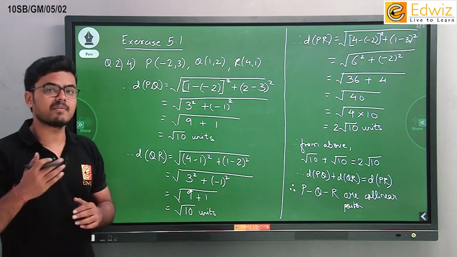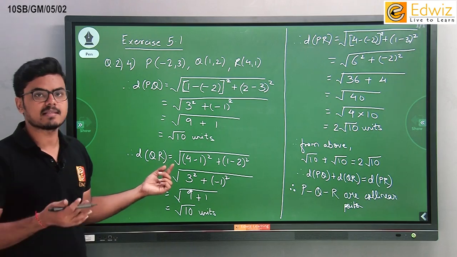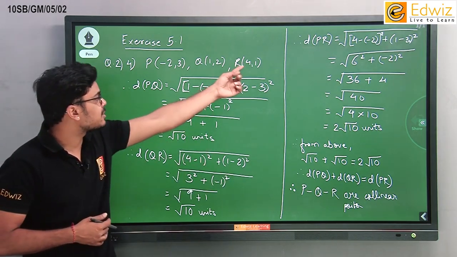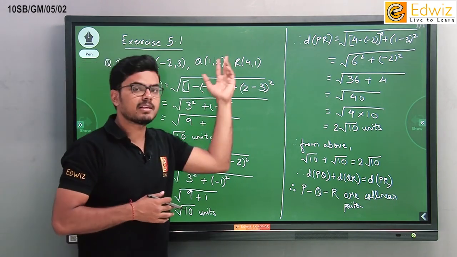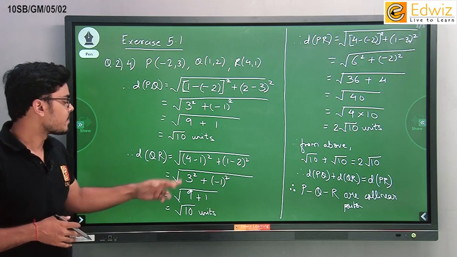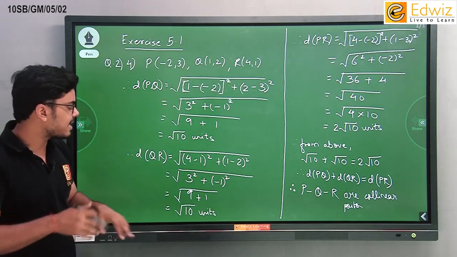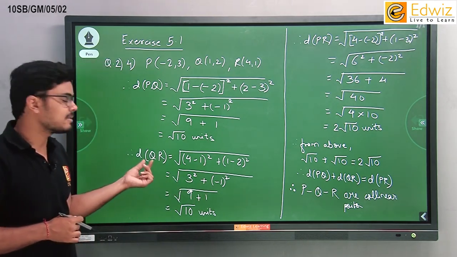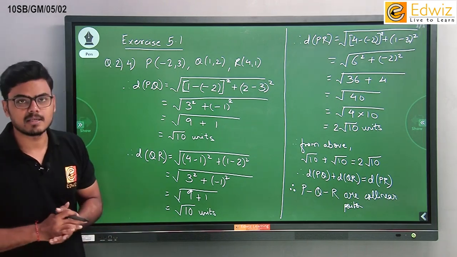Similarly when we find out the distance QR, we use the same distance formula again. So square root of x2 minus x1, which is 4 minus 1. This time we are finding out the distance between Q and R. So 4 minus 1 whole square plus 1 minus 2 the whole square. Once again we are getting 3 square plus minus 1 square upon solving. That means distance QR once again is equal to square root of 10 units.